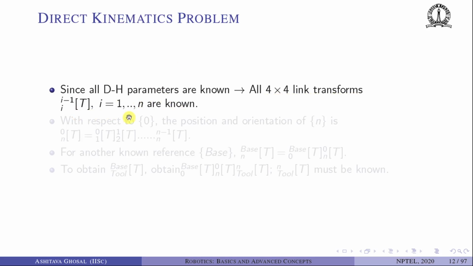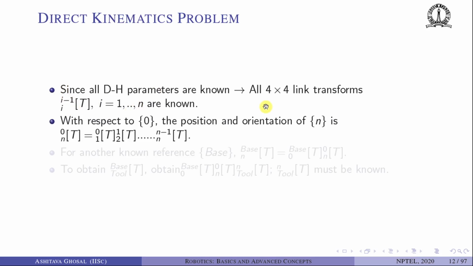Remember, the link transformation matrix of i with respect to i-1 contains all 4 DH parameters. So taking each row of the DH table, I substitute into the general formula and I can find each of these link transformation matrices.